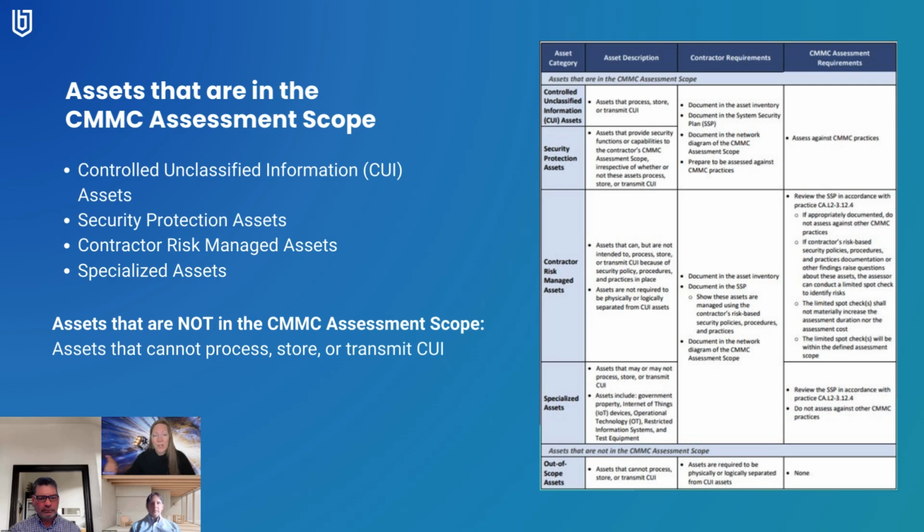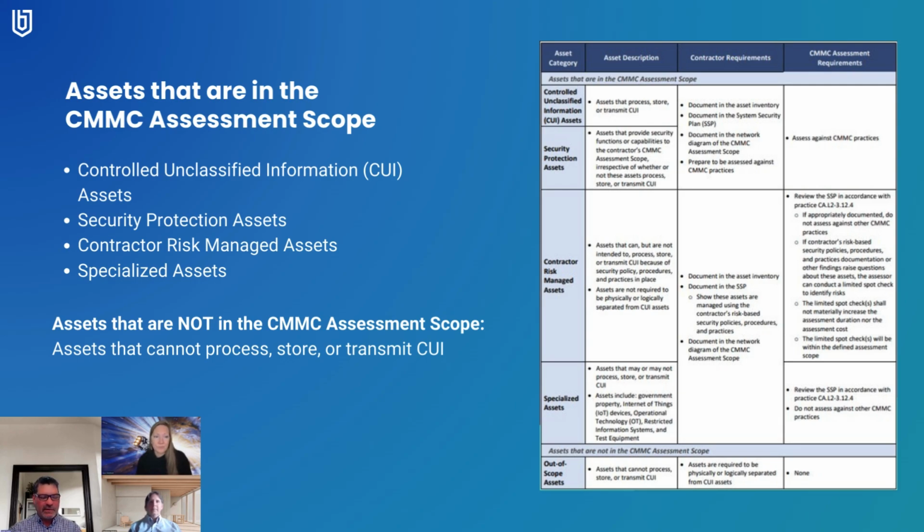Why is that important? This table shows how you need to apply the controls to those assets, and also how to document them and how they're going to be assessed when you get to assessment. If you don't start by doing that, then you could potentially spend a lot of time, energy, and effort and not get to where you want to, or make the process incredibly inefficient and change gears the whole time. So this is going to help you understand where to start so that the overall effort is streamlined.